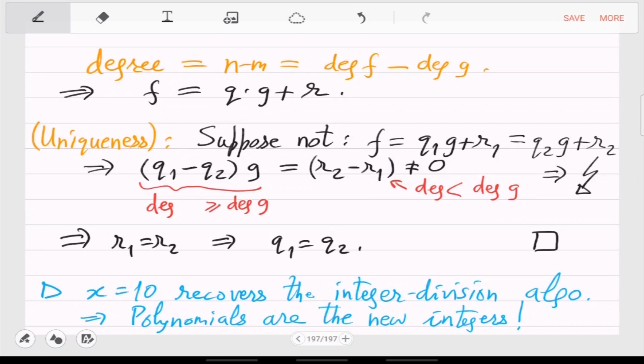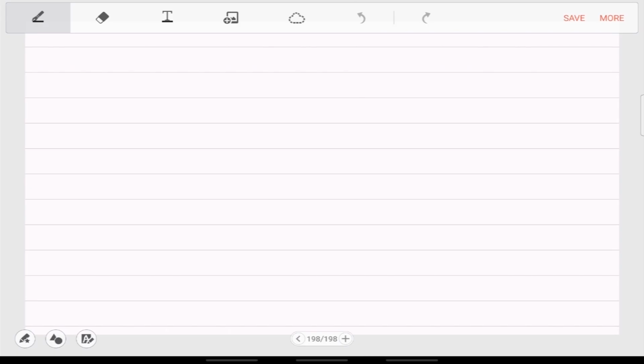Okay, so what can you do if you can do division? So using the division algorithm, let's first define the GCD business.